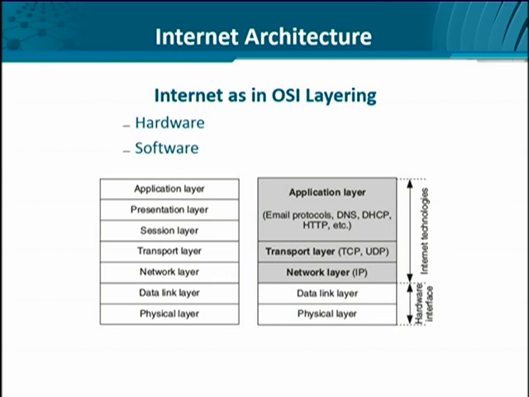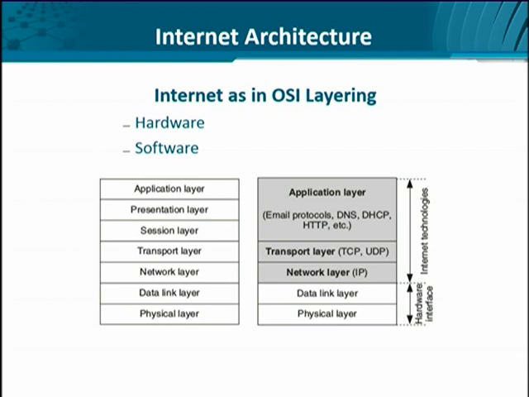In the case of the internet, we can see that layers 5 to 7 of the ISO OSI are grouped into the application layer. The transport layer corresponds to the transport layer as such, and the network layer, also called the IP layer, corresponds to the network layer of the 7-layered architecture.